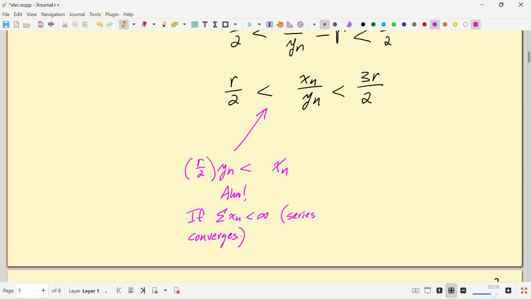And so the sum of the yn's is finite, and we deduce that the sum of the yn's converges. And it's using that left-hand inequality. Okay, so that's one of the directions.